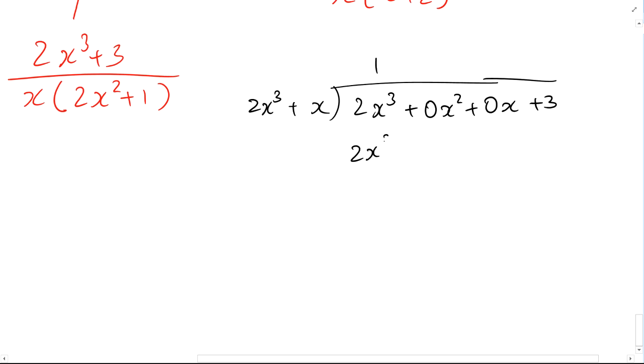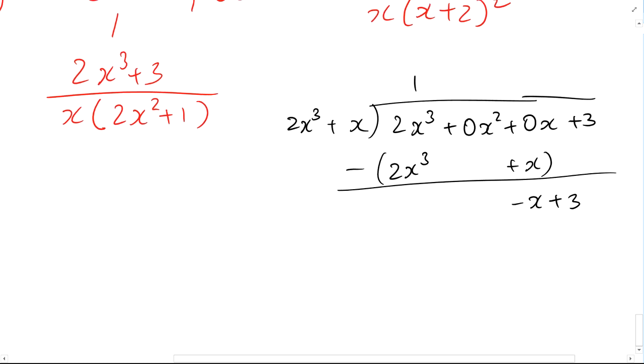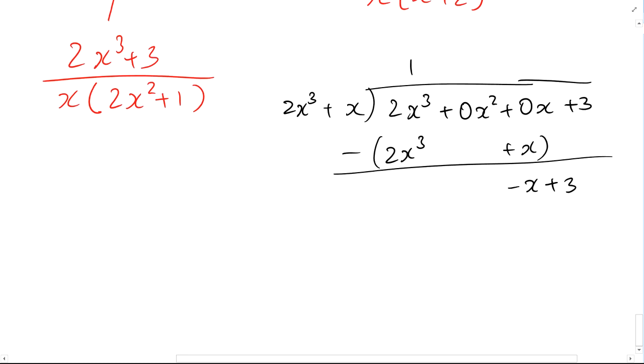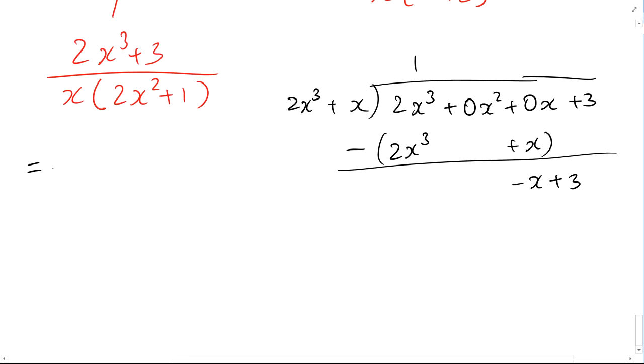So 2x cubed plus x. Minus it off. We get negative x plus 3. Can I divide some more? Or stop already, right? Okay, this tells me that this is equal to 1 plus (negative x plus 3) over x(2x squared plus 1).